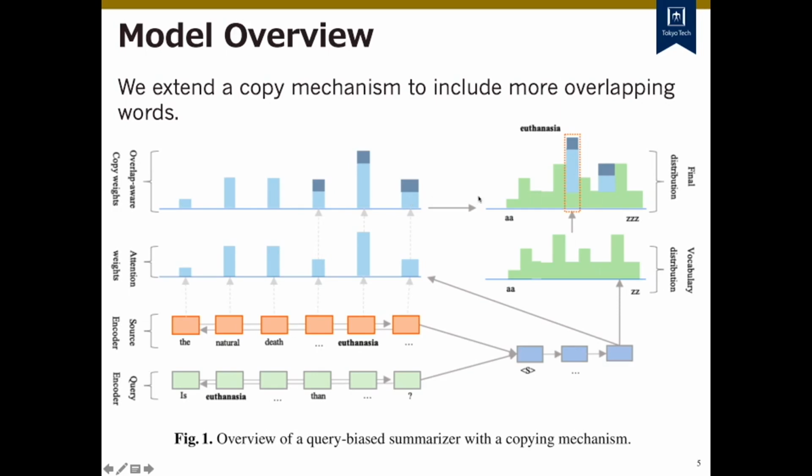And finally, we merge the distribution for words in the predefined dictionary and the modified attention weights. So overall, this model gives higher probability for the overlapping words. So these words are more likely included in the summary.